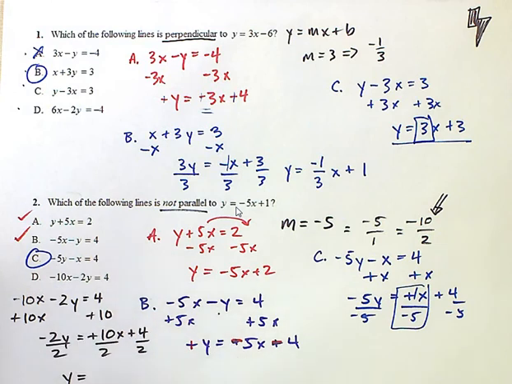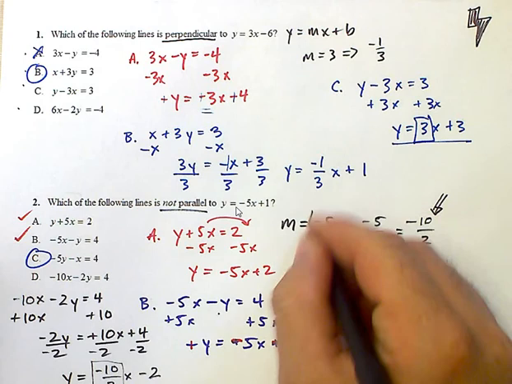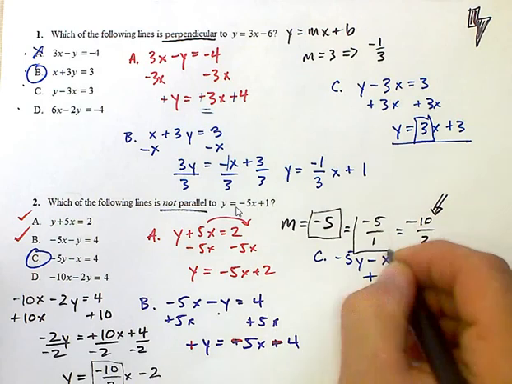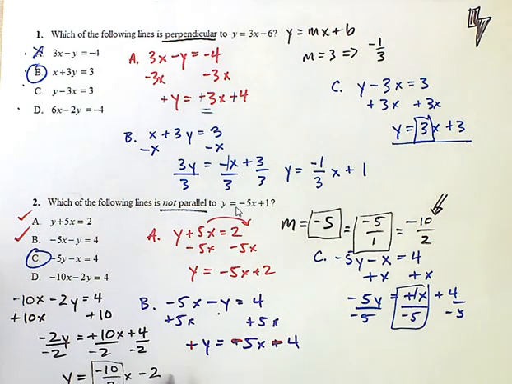You would end up with that negative 10 over 2x. Now some students may look at that and say, oh, this is not a match to my negative 5 or my negative 5 over 1. But if you reduce this, it would reduce to a negative 5 over 1. So this would be a match as well.